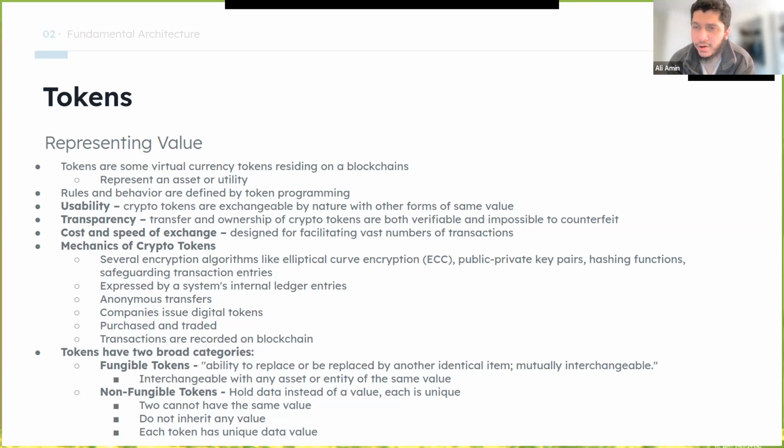But in terms of verifying ownership, there's only one way, but it has two components. The NFT itself will be data. That data is stored either on a blockchain or off the blockchain. But wherever it's stored, it has metadata associated with it. That metadata is stored on the blockchain and is necessarily associated with the actual data. So long as that metadata is on that blockchain, you will retain ownership of that data.